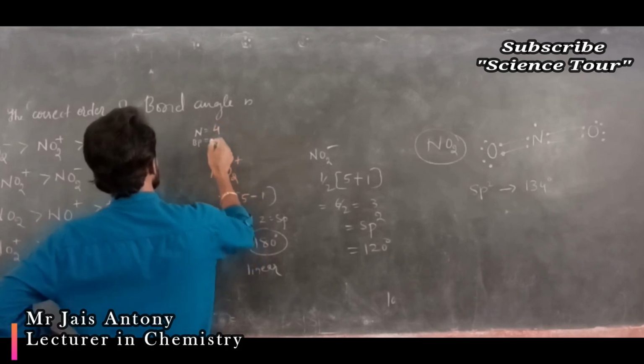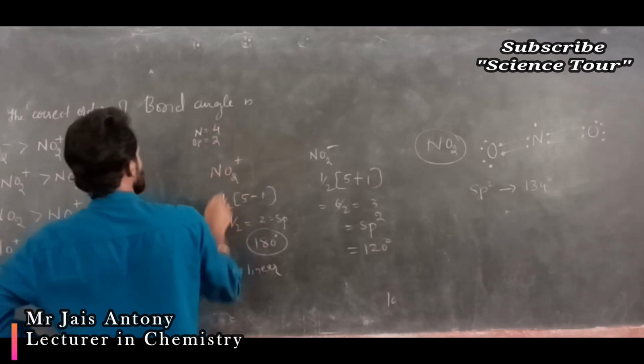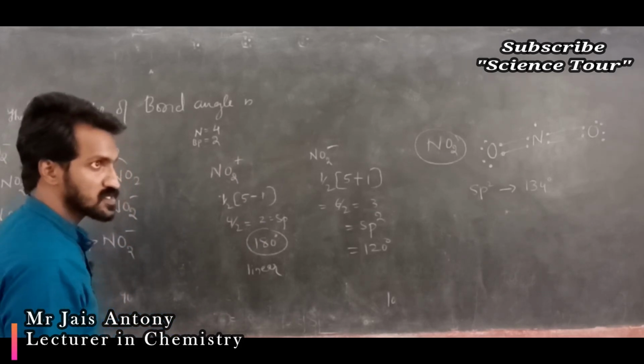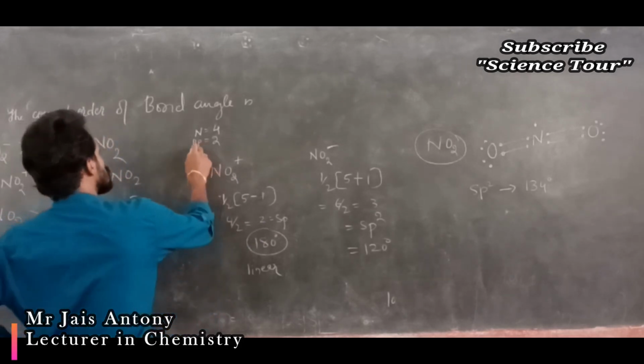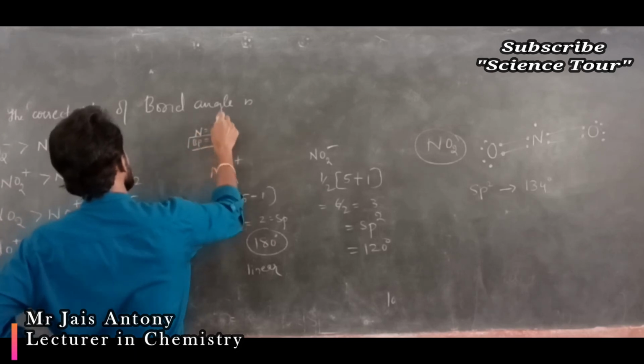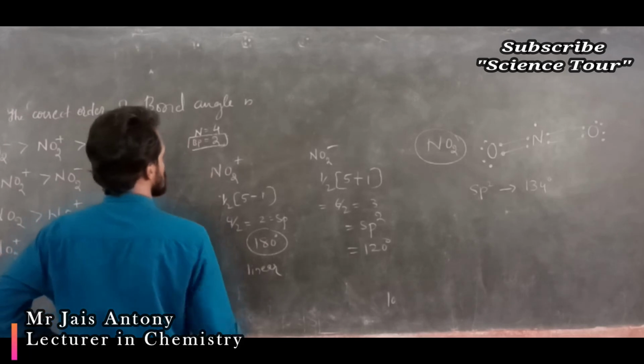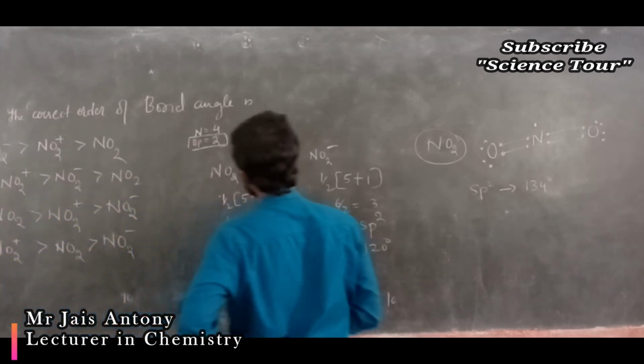A multiple bond is treated as a super single bond. So with 2 bond pairs, there is no electron left, so there is no lone pair in this one.